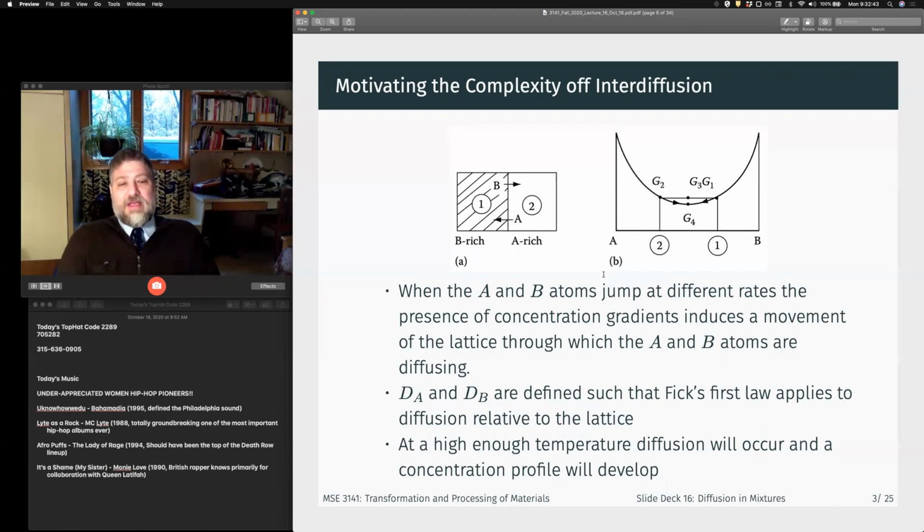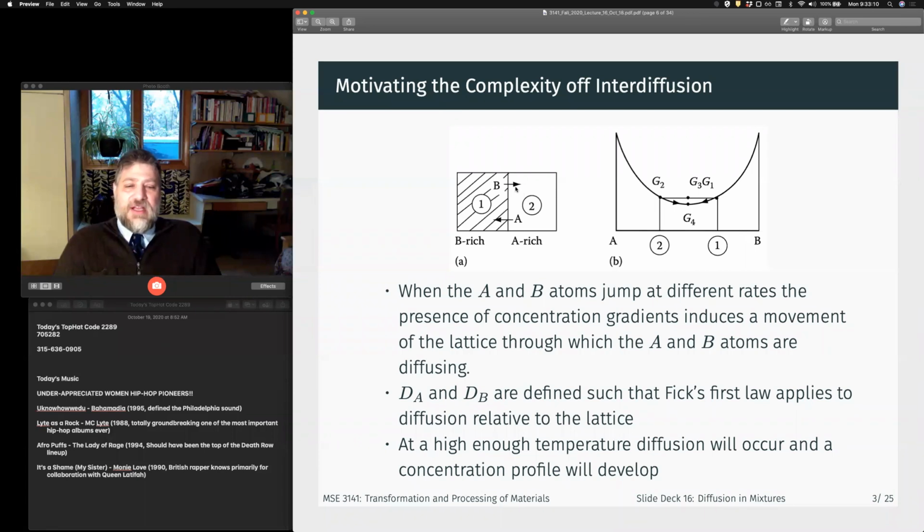The other complication that we have to consider is that before we talked about the movement of A through the lattice. Now, because we're in a situation where we have differential movement, we have different number of vacancies going from one side to the other. That means that our lattice actually moves and our interface moves.